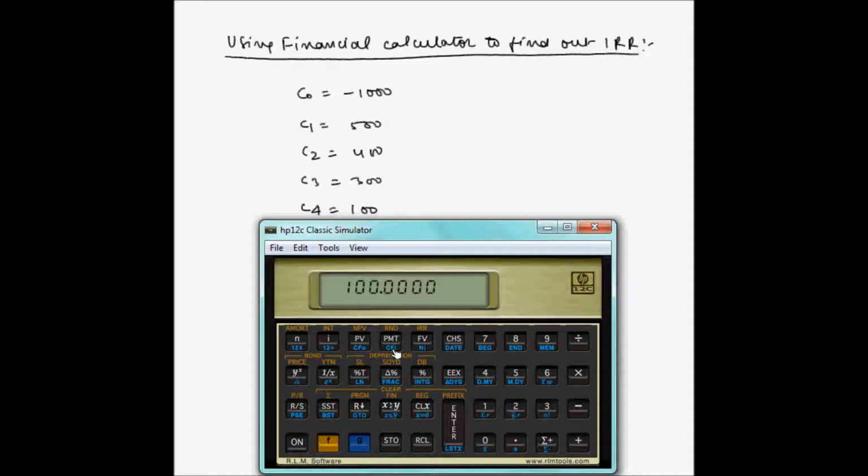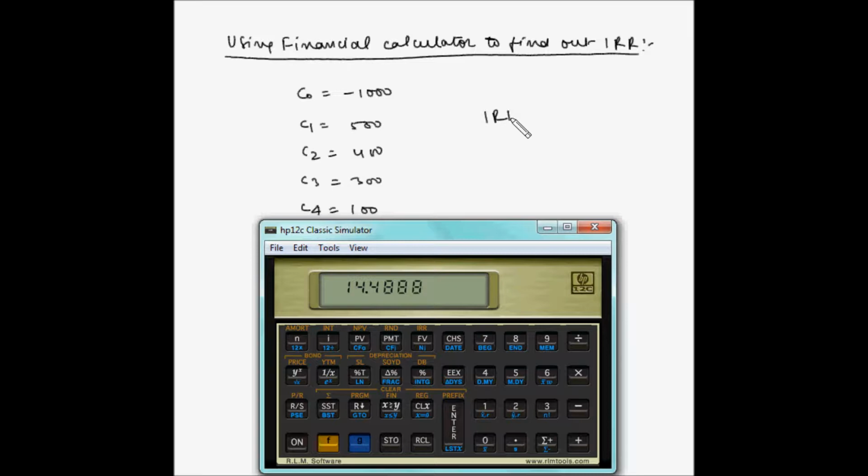So you can see this IRR written here in front of this button. So this will get activated when I press this F button here. So now I can press on IRR. So IRR is 14.4888.